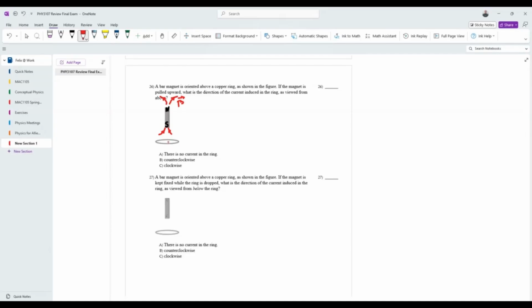So there should be an increase in the magnetic field to counteract that decrease. The current that is induced is going to try to counteract that decrease in magnetic field. So here we should have a magnetic field in this same direction to counteract the decrease. This is the induced magnetic field.